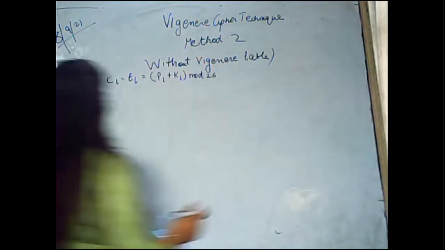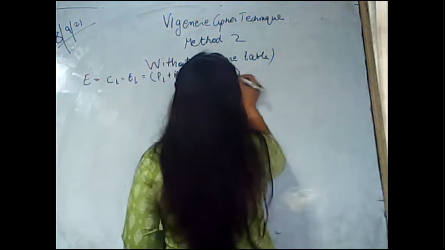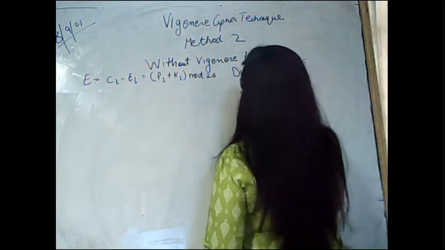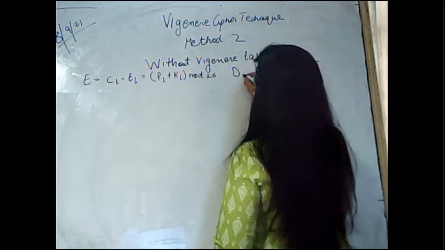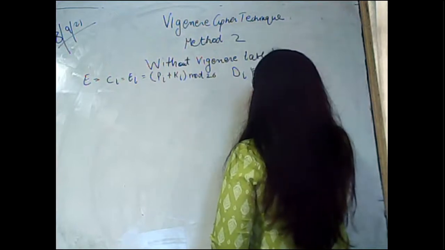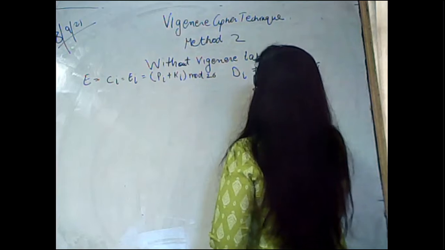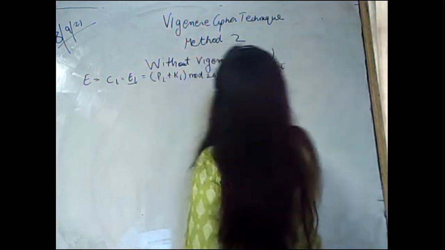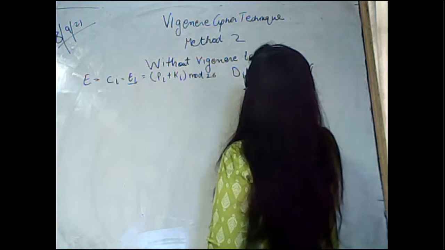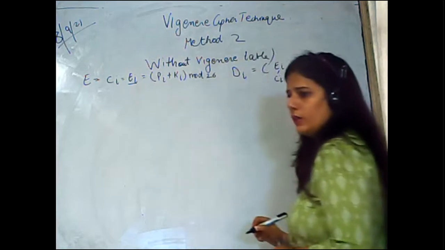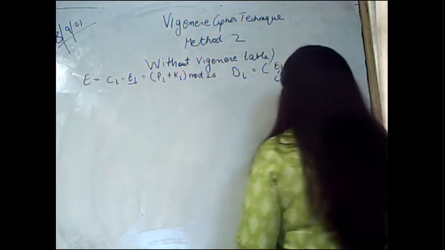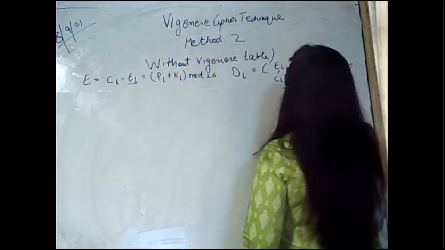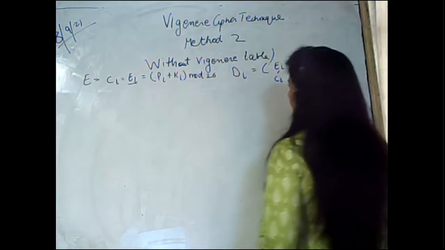Again, for the decryption part, what formula do we have here? We can represent the decryption part as Di equal to Ei, where Ei is the encrypted value, or we can write Ci, minus Ki.